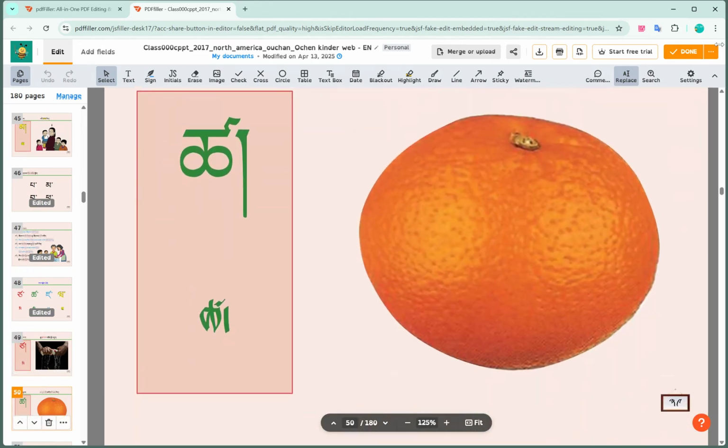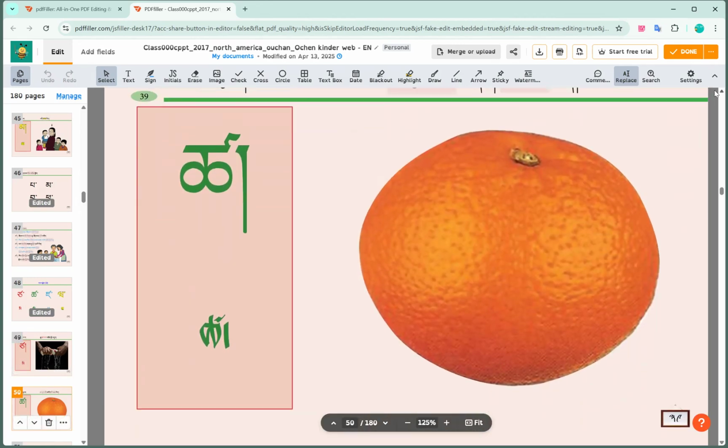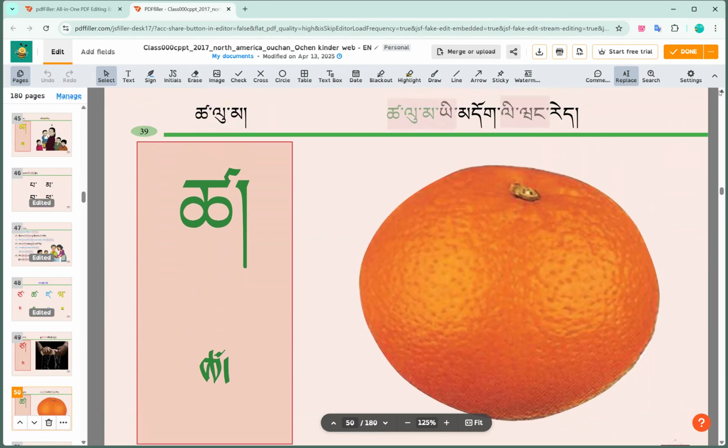Next, for the letter tsa, we have the word tsaluma, which you see in the picture is an orange. An orange is a tsaluma. So the sentence is, the color of the orange is orange. So tsaluma yi is of the orange, right?